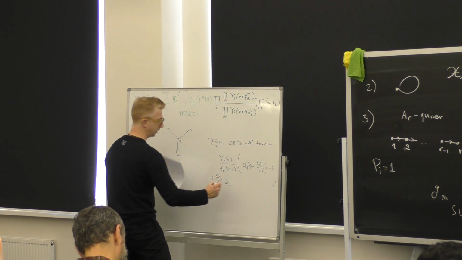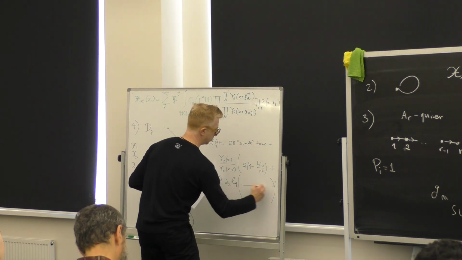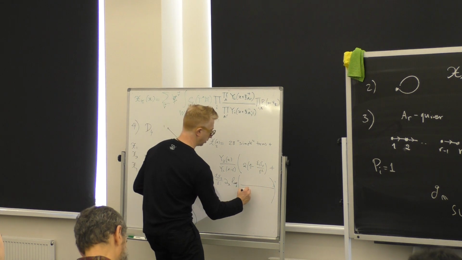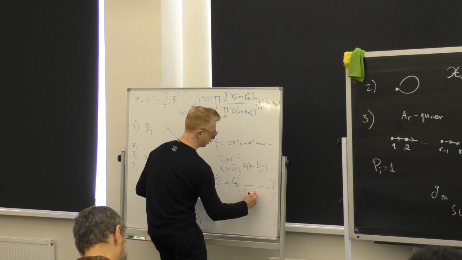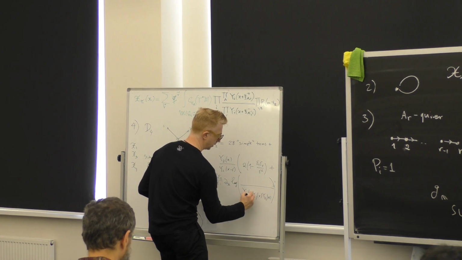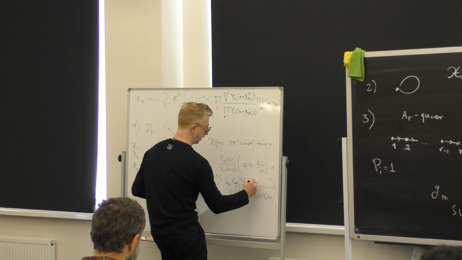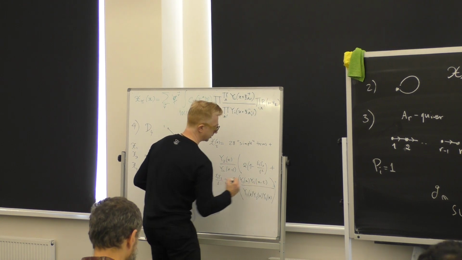So there's a derivative of logarithm of the ratio. So here you have y1 of x, y3 of x, y4 of x, and the numerator you have y2 of x and y2 of x minus epsilon.